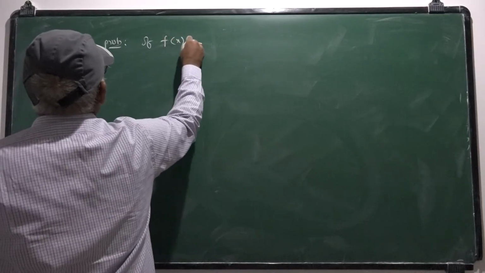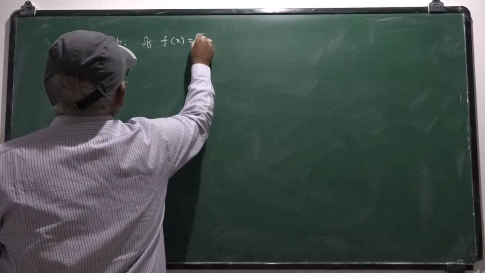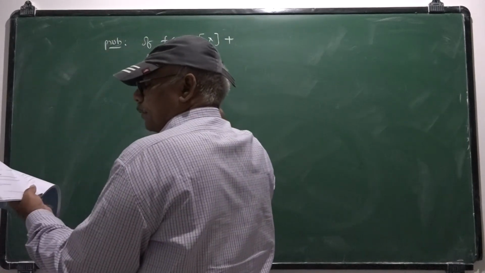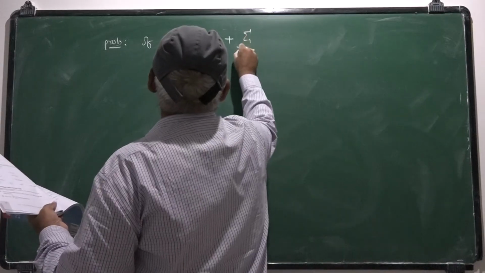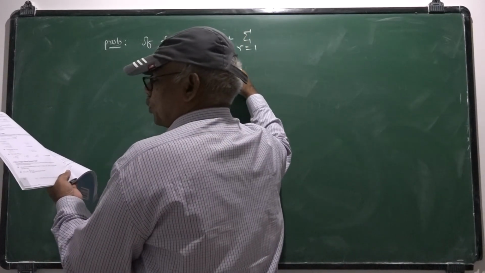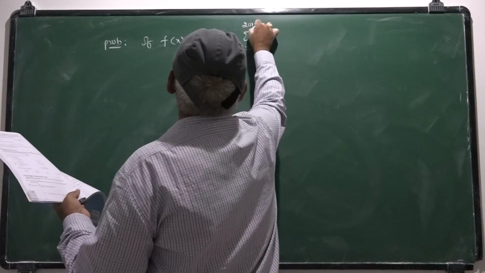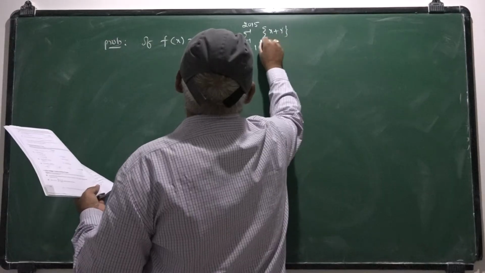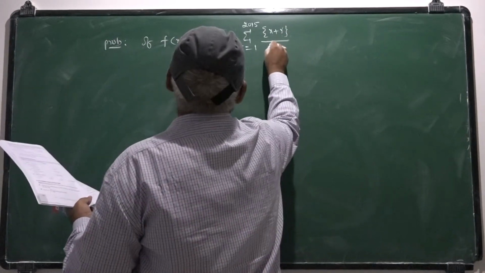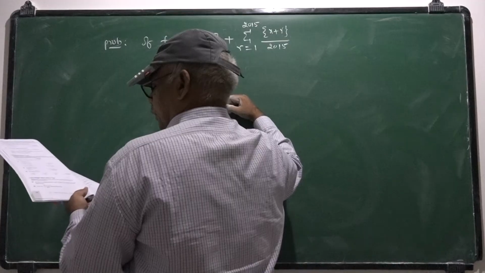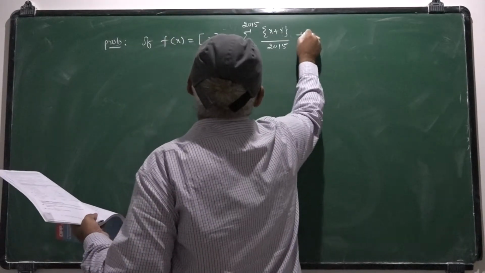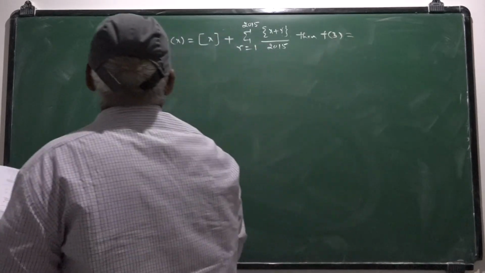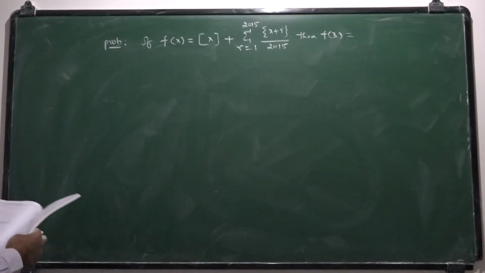Next, this is by definition of the function, it is clear. f(x) equal to step x plus sigma r equal to 1 to 2015 of fractional part of x plus r by 2015. Then the value of f of 3. This is one integer type question.